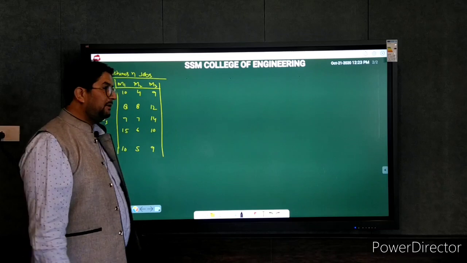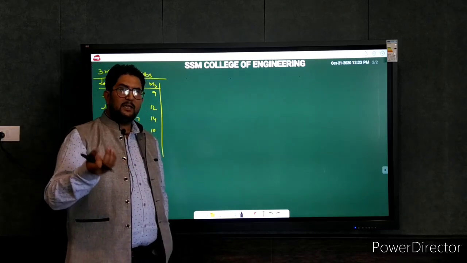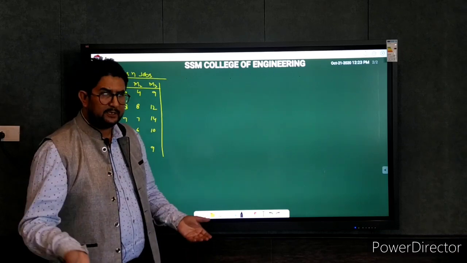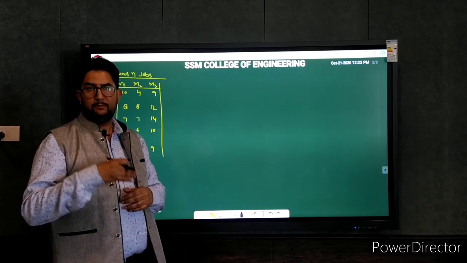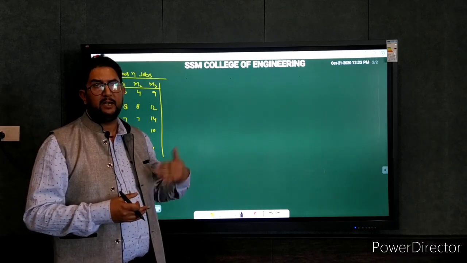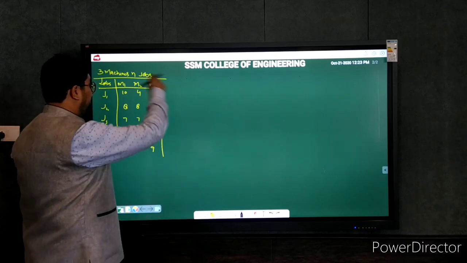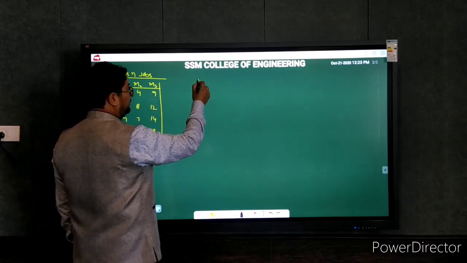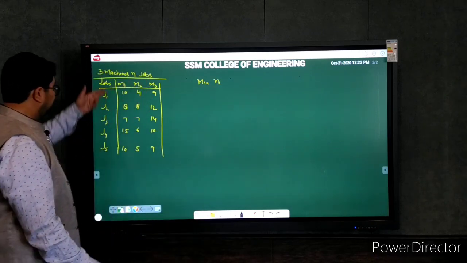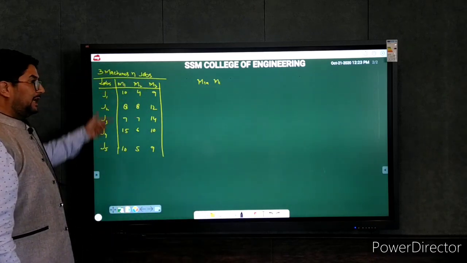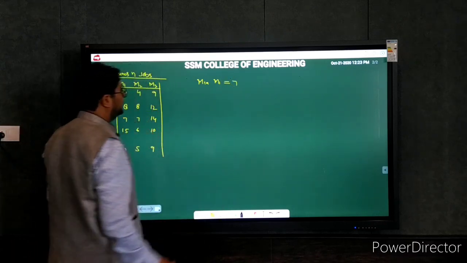So Johnson came up with one condition: there are actually 2 tests, and if either of the tests or both are satisfied, we can proceed with the Johnson's method that we are going to discuss now. What are those tests? We'll have to first of all find the min of machine 1. Minimum time of machine 1 is 7.